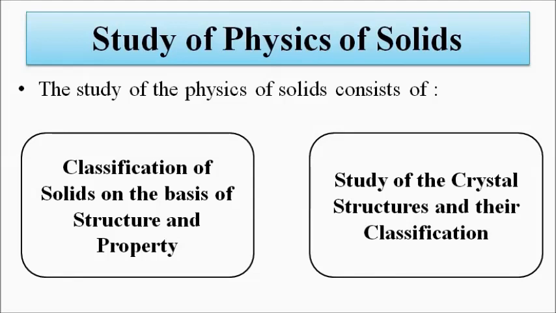So these are the two main aspects of the study of the physics of solids. It can be divided into many parts according to various other applications, but here, for the discussion related to the physics of semiconductor devices, these are the two main parts which we have to understand for a semiconductor.